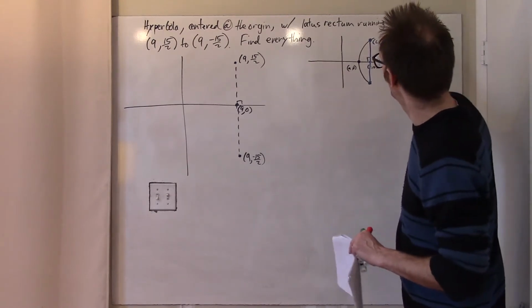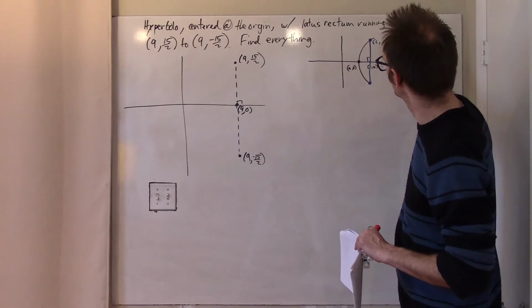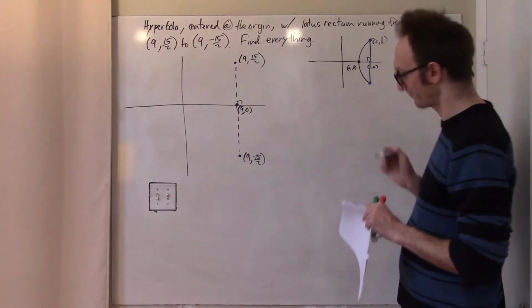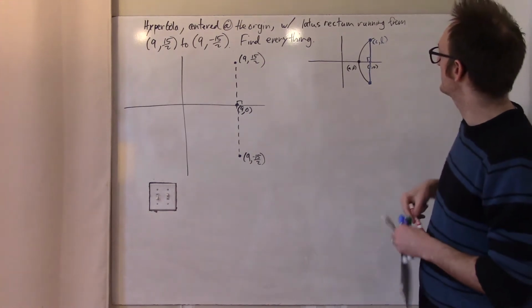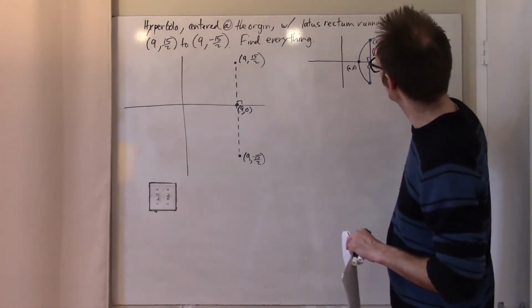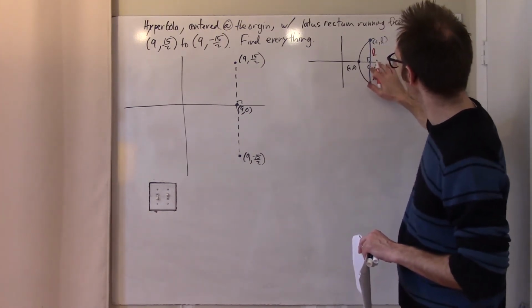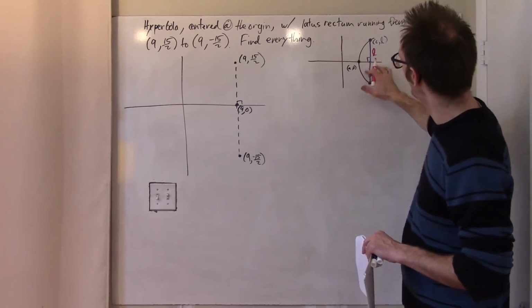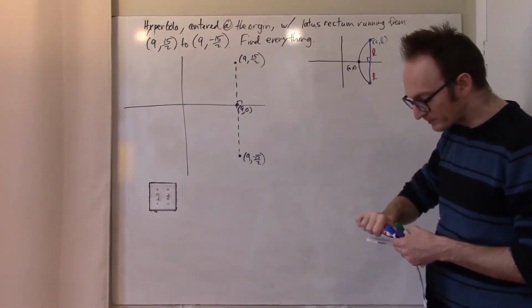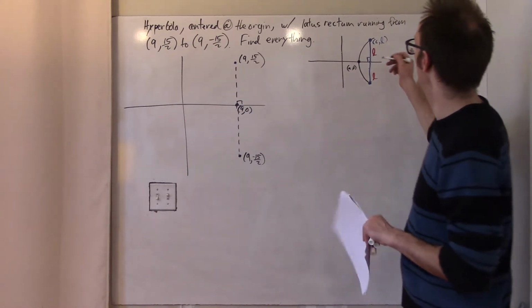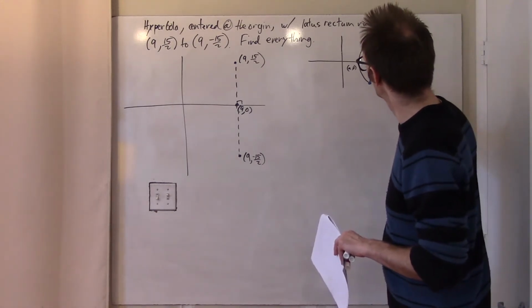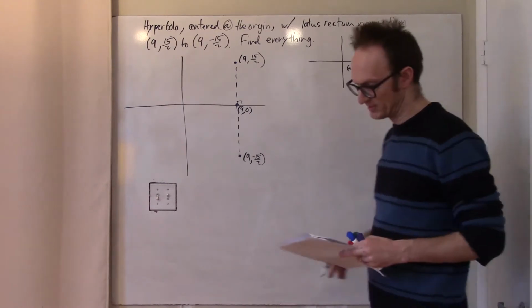Let's call it L for latus rectum. Then this segment has length L and this segment also has length L. And what I want is a general formula for the length of the latus rectum in terms of the rest of the properties of the hyperbola.